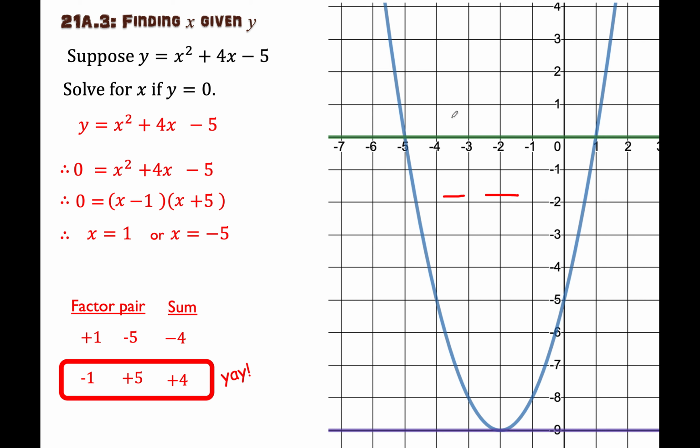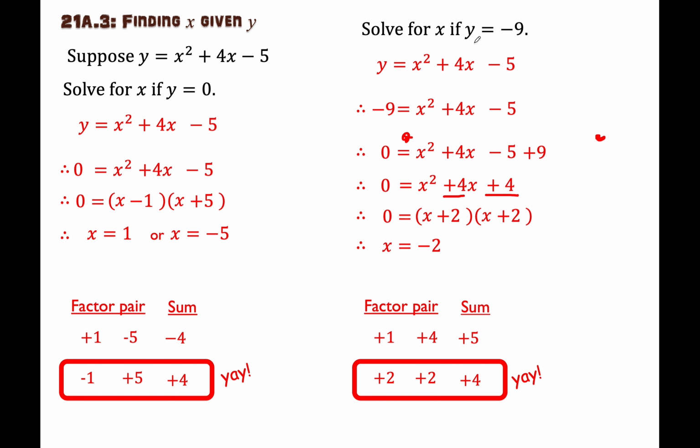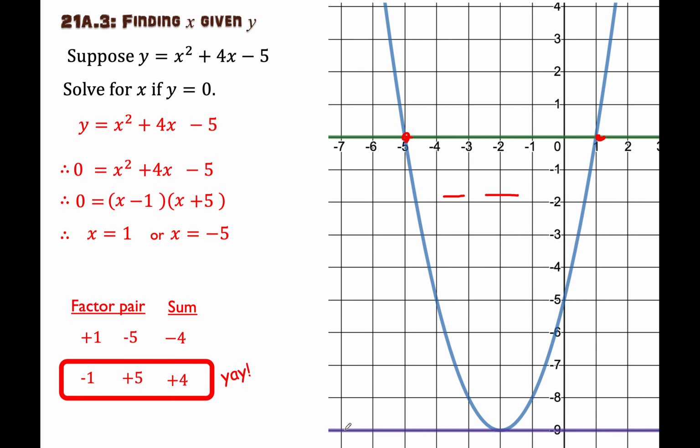And there were only 2 points that did that. That one there, and that one. But in the other one, y has to be -9. So it has to be on this purple line down here. And how many points are on the purple line that are also on the quadratic? Just one. Just 1 point. So this, there's only one solution, but this, there's two.